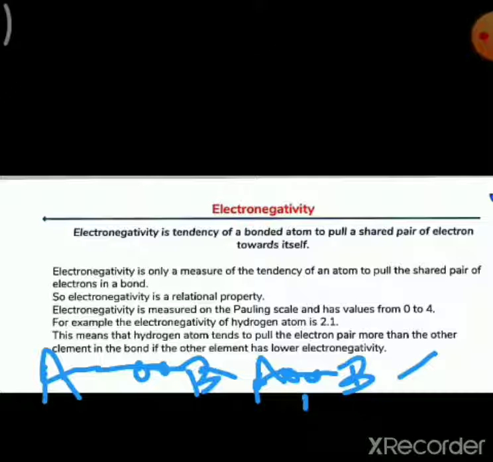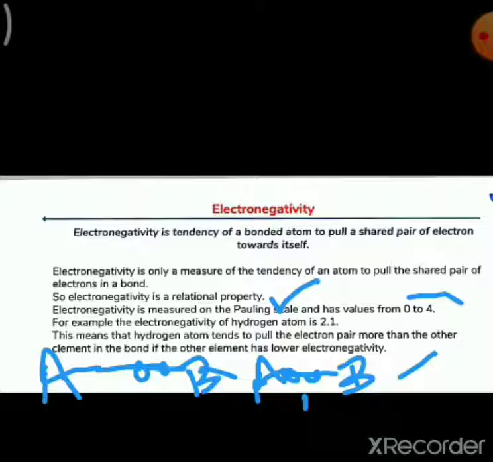Then another important thing, electronegativity is measured on the Pauling scale, and it has values from 0 to 4. For example, the electronegativity of the hydrogen atom is 2.1.